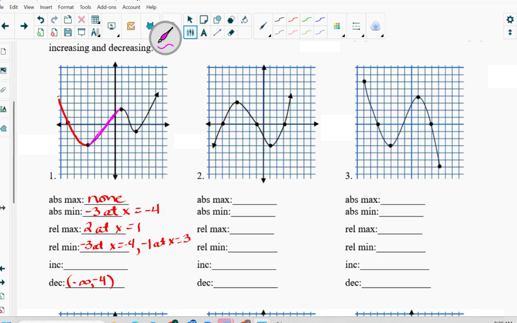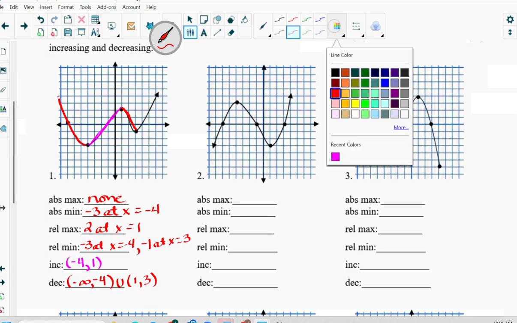Okay, the next section then, like right here, what do we think? Is that increasing or decreasing? Increasing. So we're increasing from -4 to 1. Yep, we're going to have a union. What's the next section doing? Decreasing. So I'm going to say union. And then what is that? 1, 2, 3.